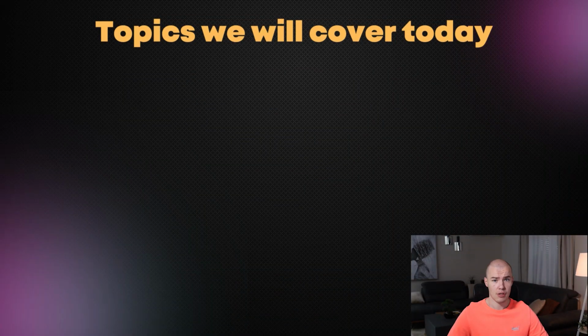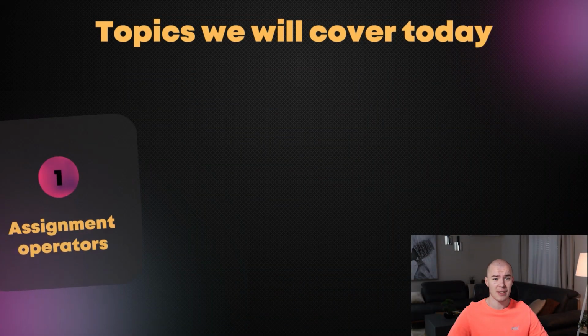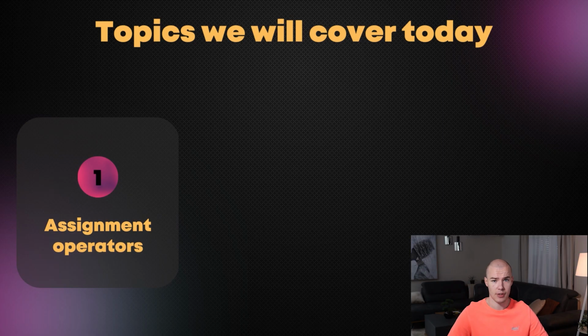So basically, we are going to separate the discussion we are going to have today into three categories. The first category is going to be dedicated to advanced assignment operators. These operators are going to allow us to apply some operation and save the value inside of one of those variables.